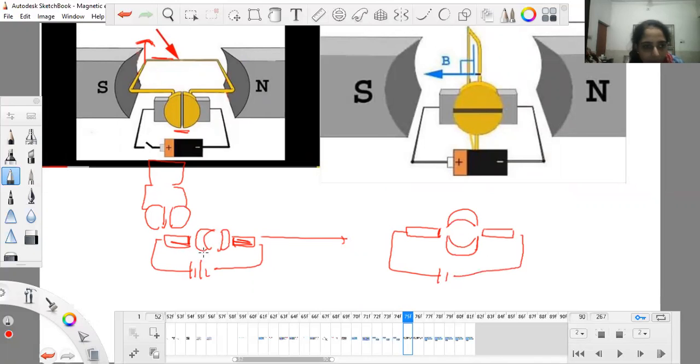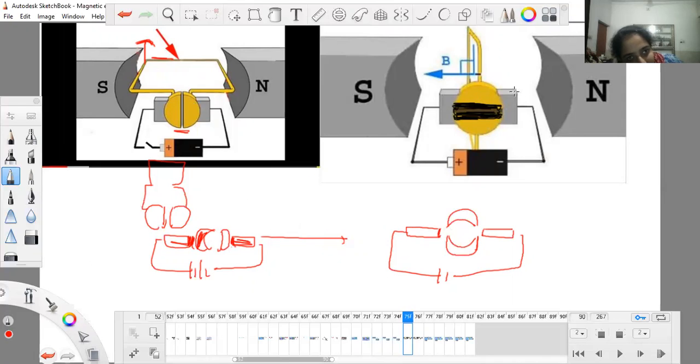One thing I want to make very clear: in this condition the brushes are in a bit of contact.